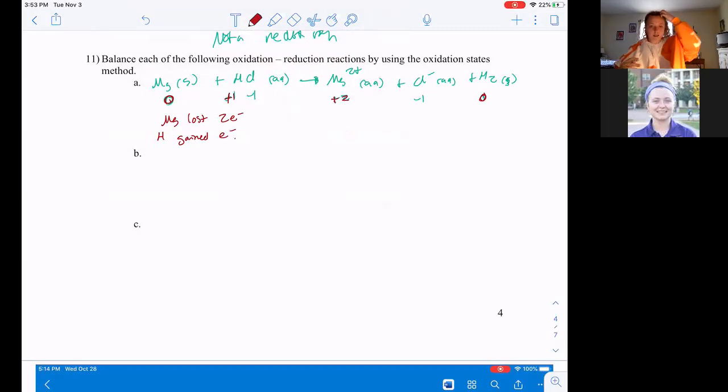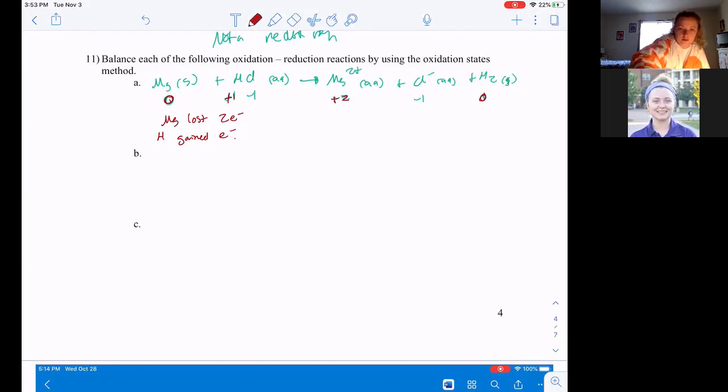So now when we write it, we have to take that into account. We want to make sure the number of electrons lost by magnesium is equal to the number of electrons gained by hydrogen. To do that, we multiply H by 2. Magnesium will be multiplied by 1, so that won't really change anything.